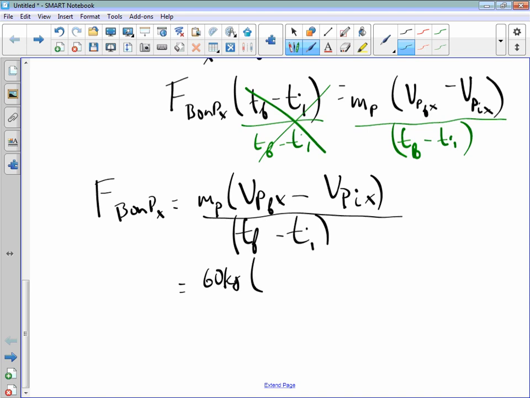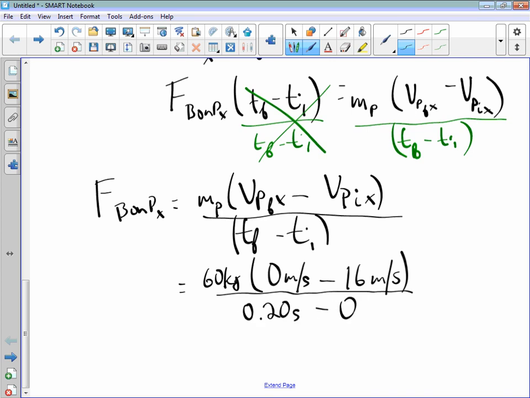The final velocity in the x direction is 0 meters per second. The initial was 16 meters per second. And then our final time was 0.20 seconds minus our initial time of 0 seconds.